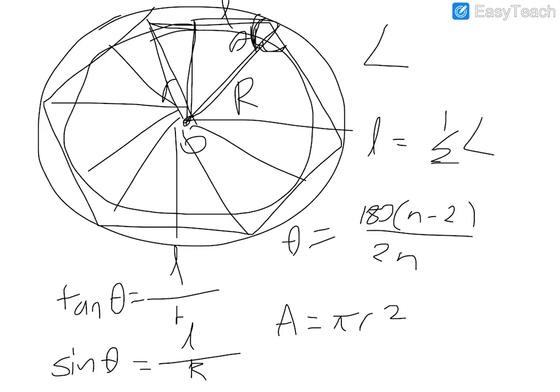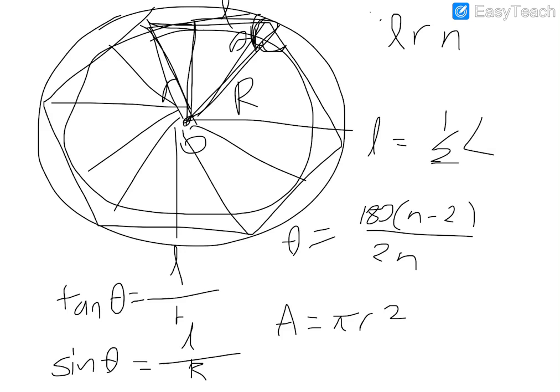So one of the triangles is simply equal to 1/2 base times height, or little l times r. And we can get rid of the 1/2 because there's 2 of them with this full side. And then there are n of these, so it's equal to L r n.